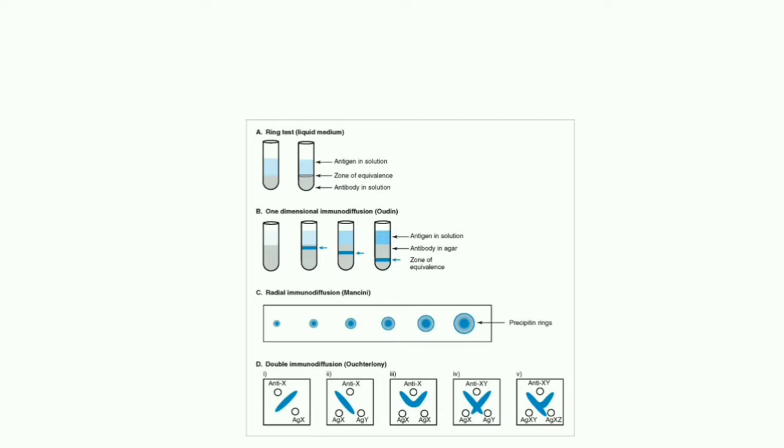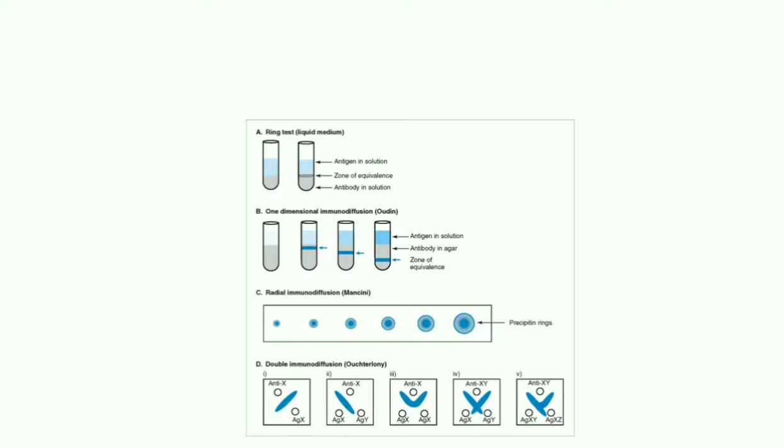So what happens? Since around the well you have the antibody incorporated in agar gel, the antigen will diffuse, and the diffusion is not in a straight line, it is radial. Radially, just like a halo it appears. That means it is in two dimensions, it occurs in a plane.